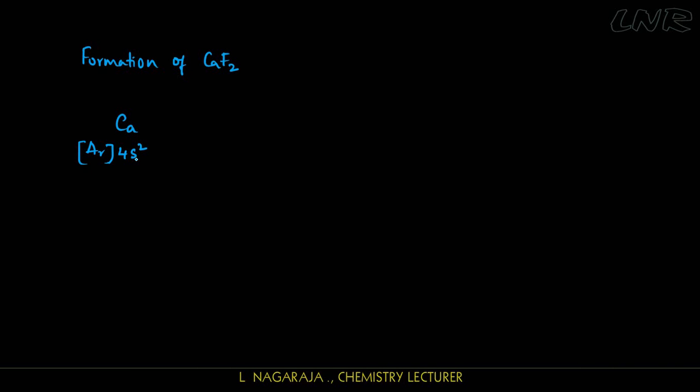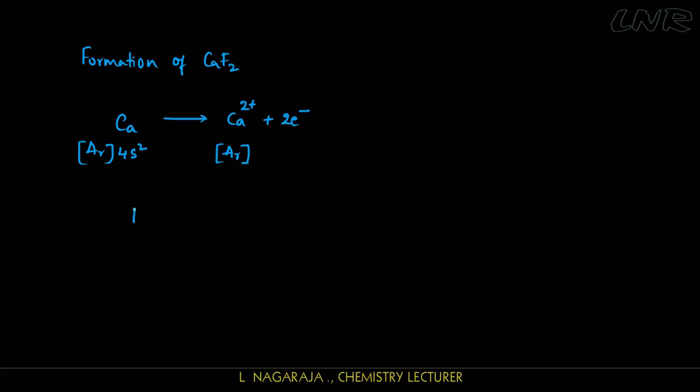So there are 2 electrons in the outermost orbital of calcium. This calcium loses 2 electrons and is converted into Ca2+. So it gets the configuration of the noble gas argon.